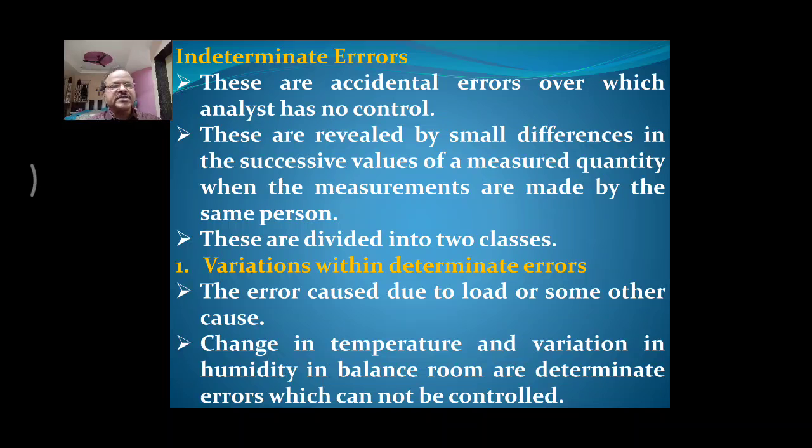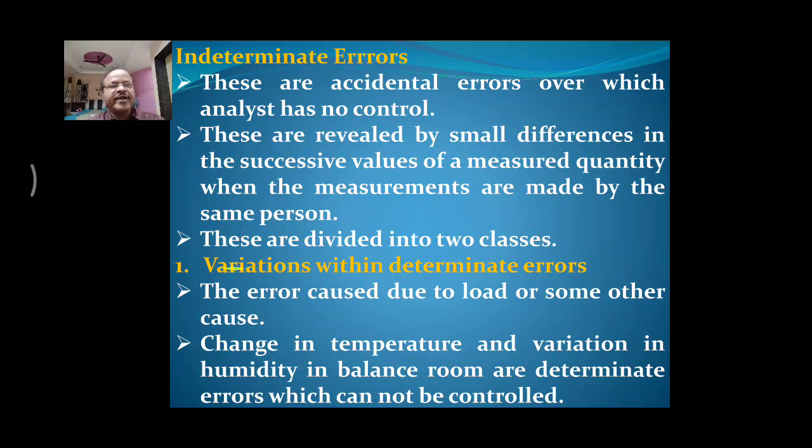So these errors can be revealed by small differences in successive values of a measured quantity when the measurements are made by the same person. If the analyst is one, and takes readings of the samples successively, and we find small differences, then these errors can be revealed. These are divided into two classes.